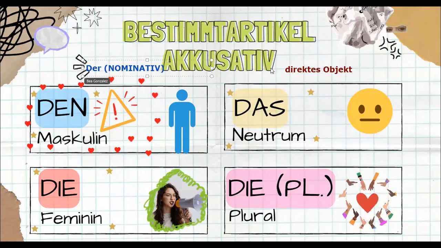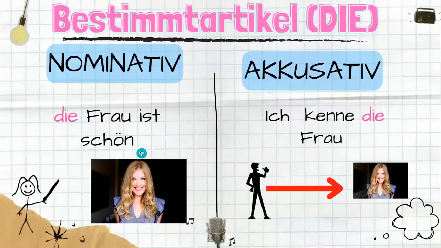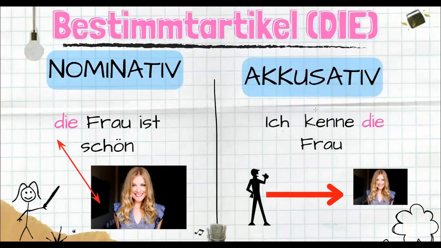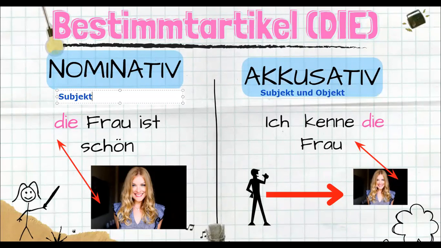Let's continue with this. Nominative: die Frau ist schön. The girl is pretty. Accusative: ich kenne die Frau. I know the lady. I know the girl. So it's the same thing again, guys. Accusative: subject and object. Nominative: subject. So you see that's extremely easy, right?